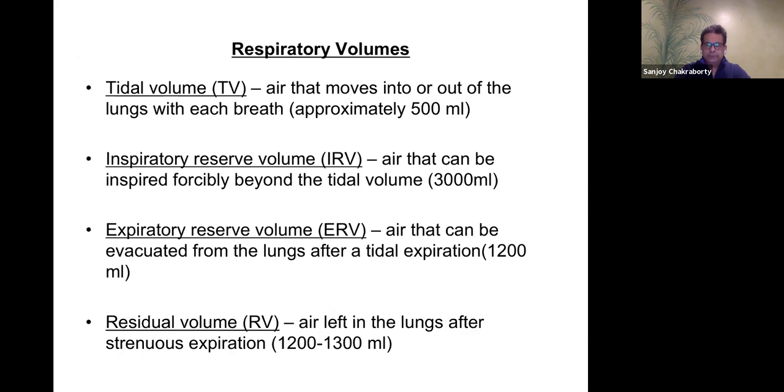Normally at rest, like right now, for example, we are not doing any exhausting exercise. We are just sitting and learning. So this is our normal time, I would say, when our homeostasis is normal.